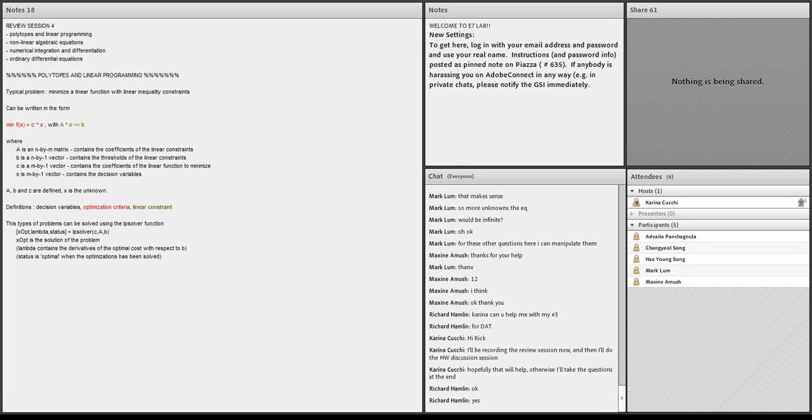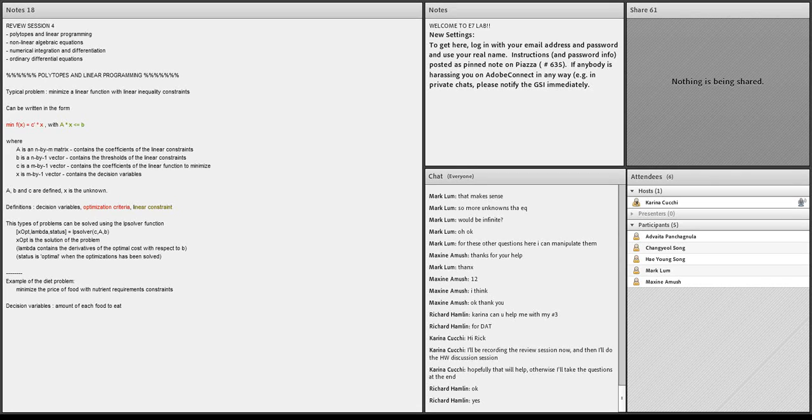So as an example, you saw the diet problem where you had to minimize the price of food with nutrient requirement constraints. So here the decision variables corresponded to a vector containing for each food the amount of food to eat or to buy.